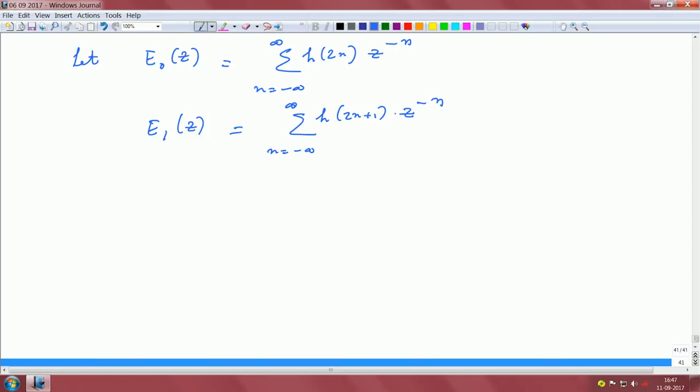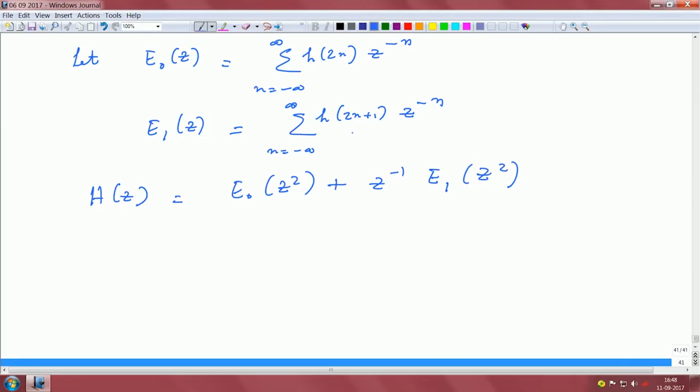If I let these two filters like this, then my H of z can be written as E0 of z squared plus z power minus 1 E1 of z squared. Right, it is pretty straightforward. You do not touch this h of 2n or h of 2n plus 1, instead z is replaced by z squared.